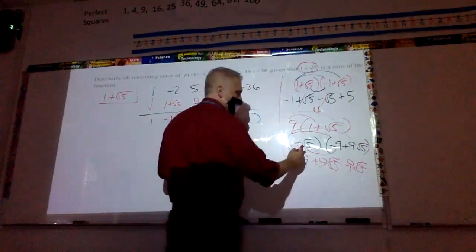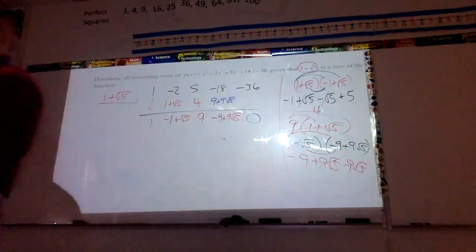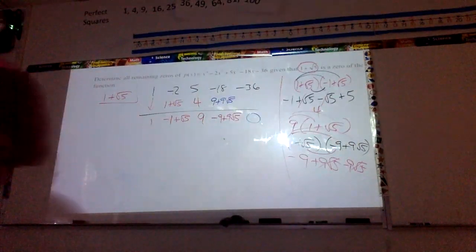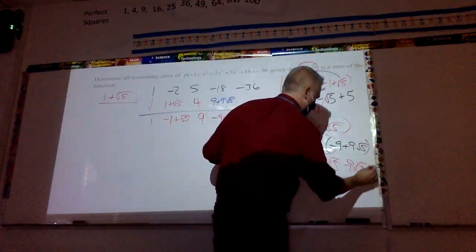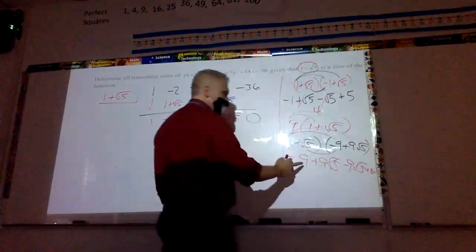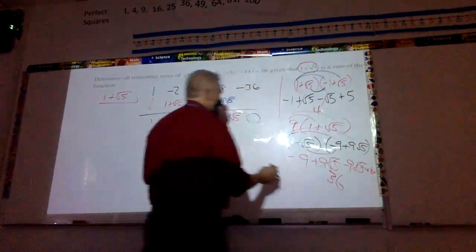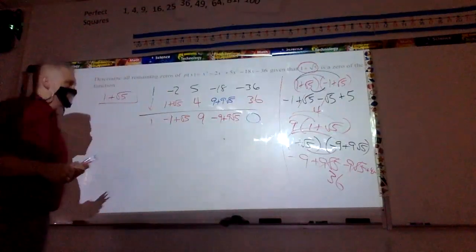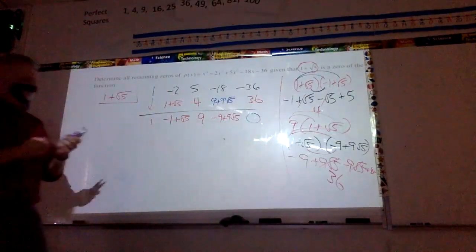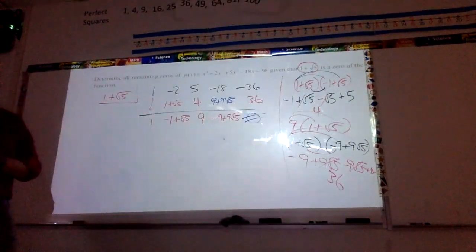And then positive root 5 times positive 9 root 5. Root 5 times root 5 times 9. That's 5 times 9, which is 45. Okay. Negative 9, these cancel, plus 45 gives me 36, which is what we were hoping for. That's great. So we've got our 0 remainder, don't even have to worry about it.